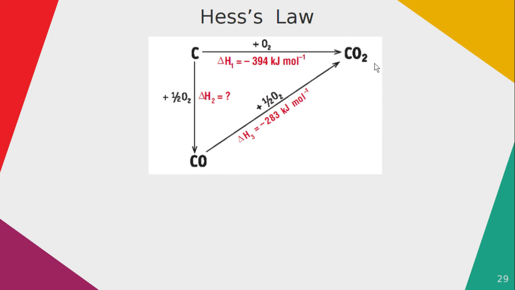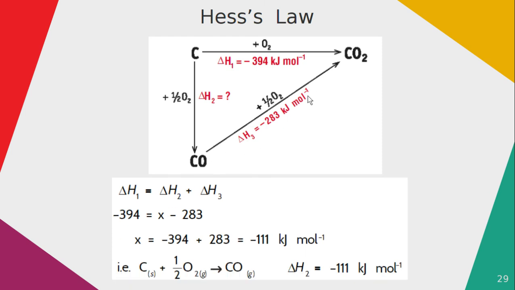You'll both end up with two questions done at the end, but you've just taken different approaches. So here what we're saying is the delta H value for the one-step reaction is going to be equal to the delta H values of the two other reactions added together. So that's written out here. Delta H1, heat of formation 1, is equal to delta H2 plus delta H3.